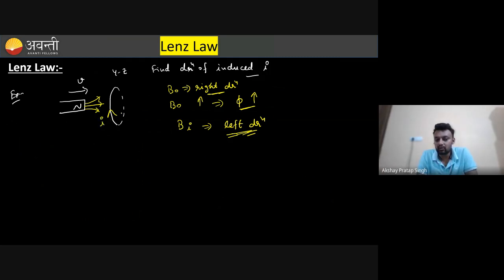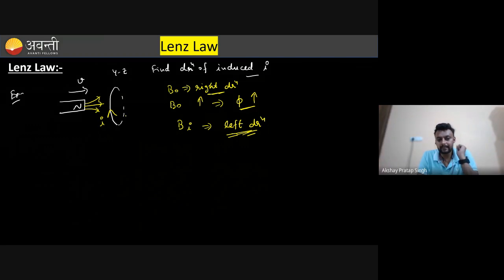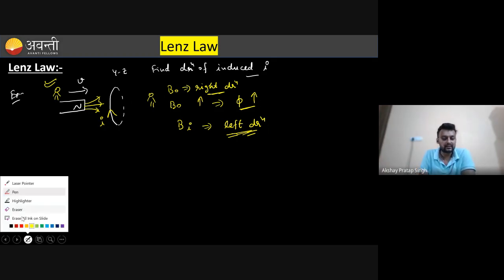What can you write about this direction, whether it is clockwise or anti-clockwise? To write clockwise or anti-clockwise, you need some frame of reference. I hope you remember this. If someone is standing here, he will see it one way, and someone standing here will see it otherwise. So what is the standard way to answer? The standard way is always from the magnet side.